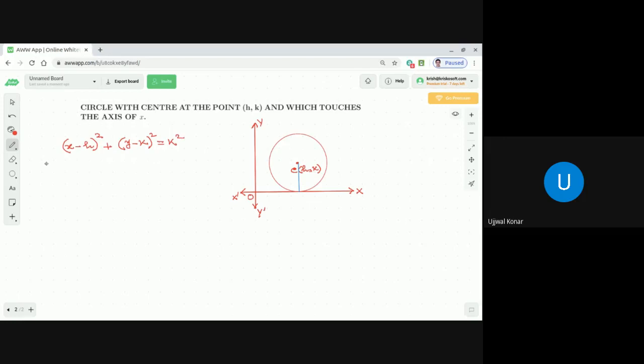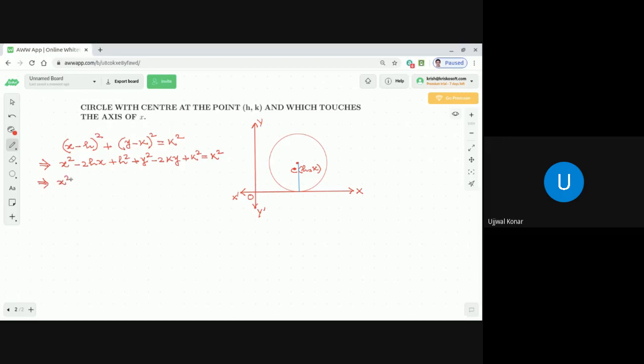Now if we simplify further, what are we going to get? We get x square minus 2hx plus h square plus y square minus 2 into k into y plus k square is equal to k square. Now k square on the right hand side and k square on the left hand side get cancelled.